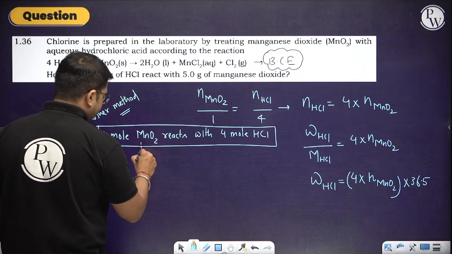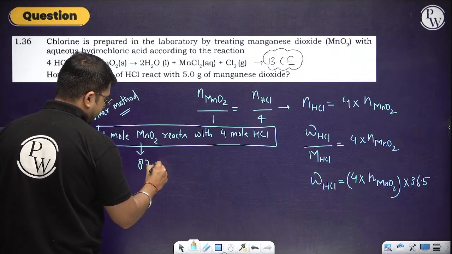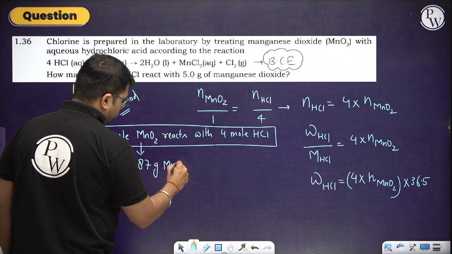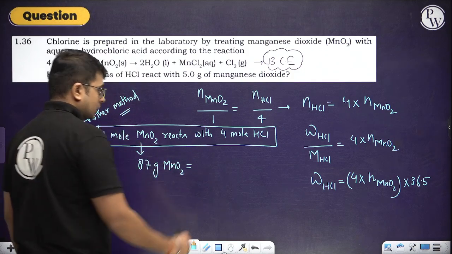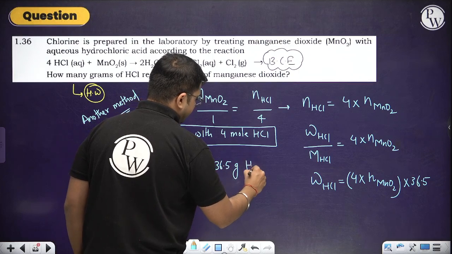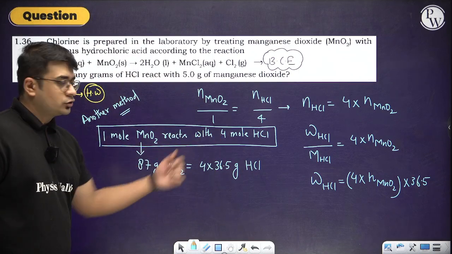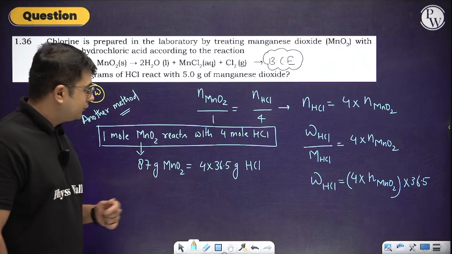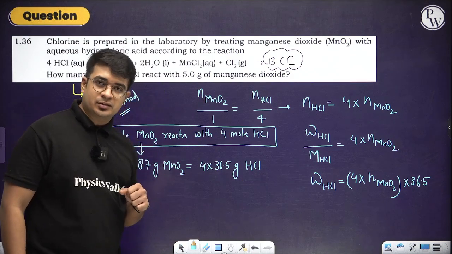So 1 mole means we have 87 grams of MnO2 reacts with 4 multiplied by 36.5 grams of HCl. Molar mass of HCl is 36.5, so 4 moles means 4 multiplied by 36.5.